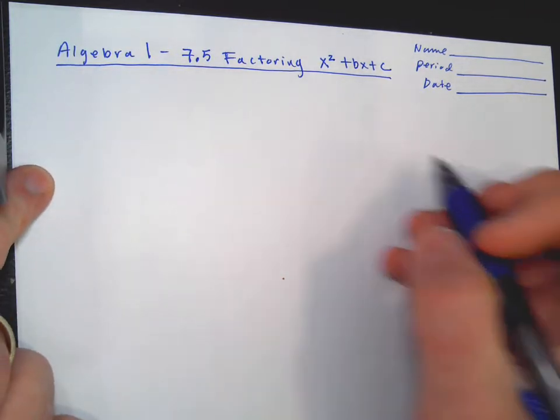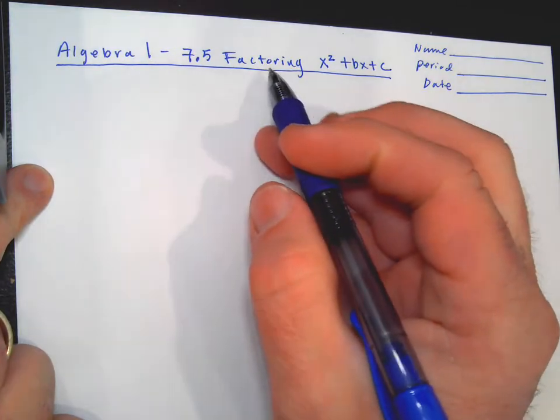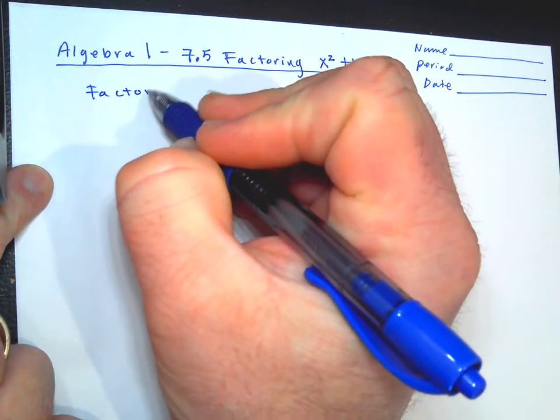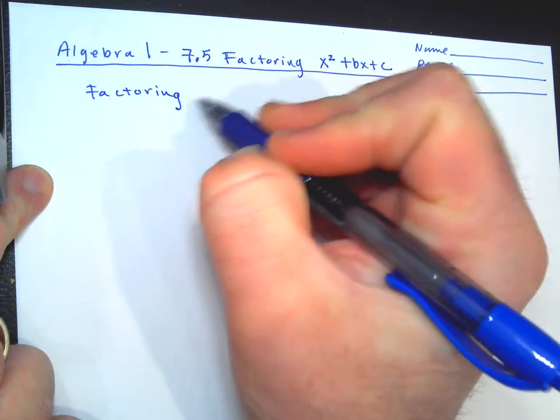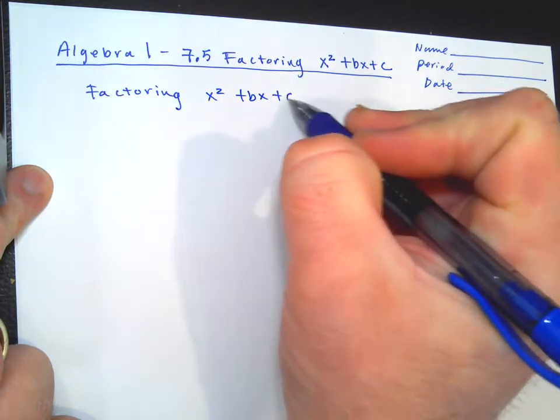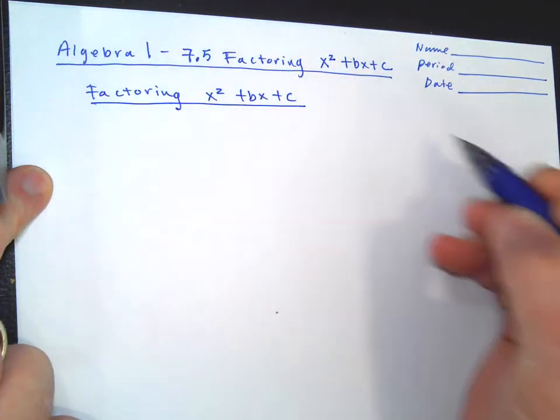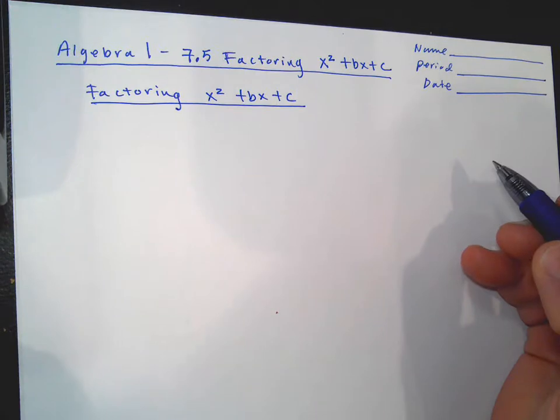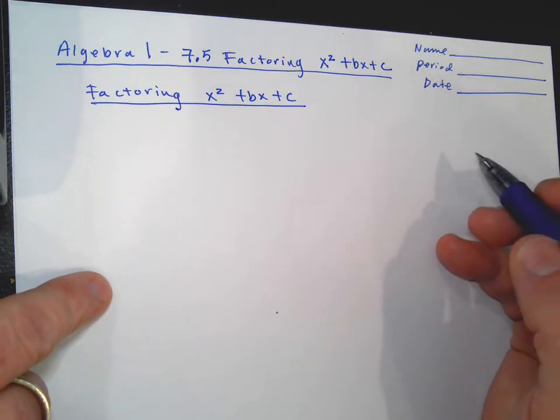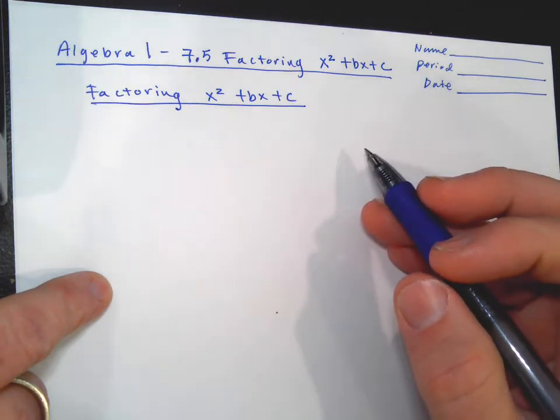So we're going to be looking at factoring. We're going to outline the strategy for factoring x squared plus bx plus c. So these are trinomials. We talked about factoring greatest common factor out, GCF, last week, and that's always a first step to look for if there's something you can divide out of everything first.